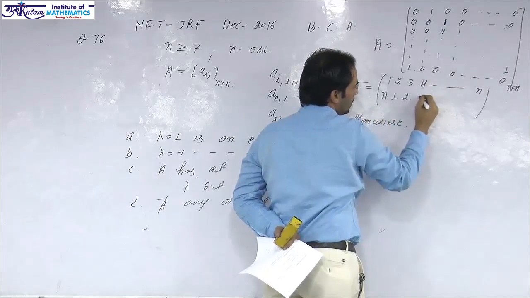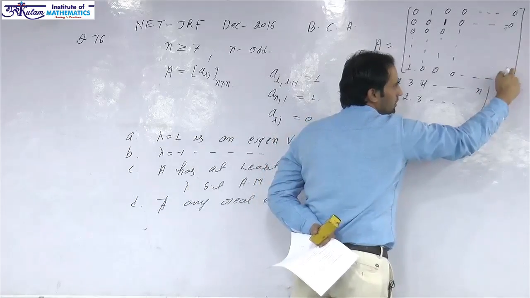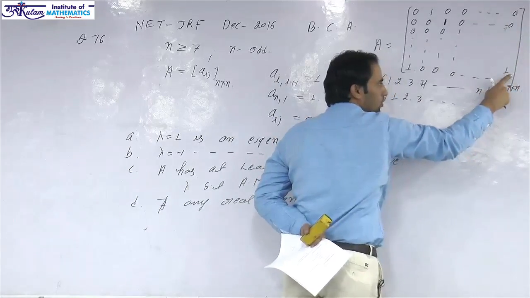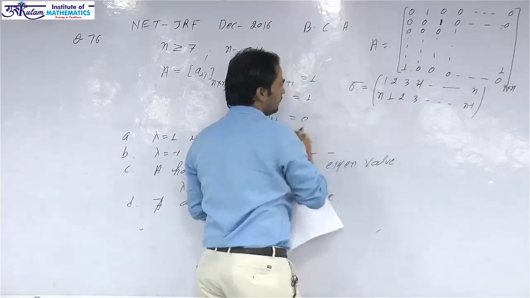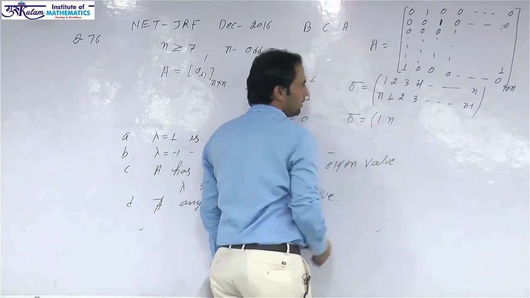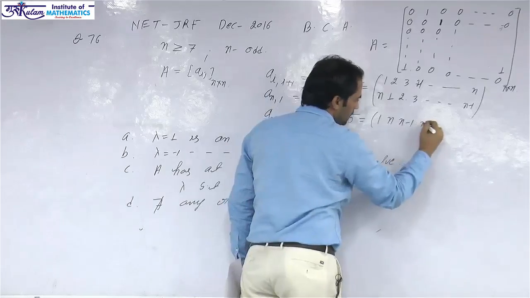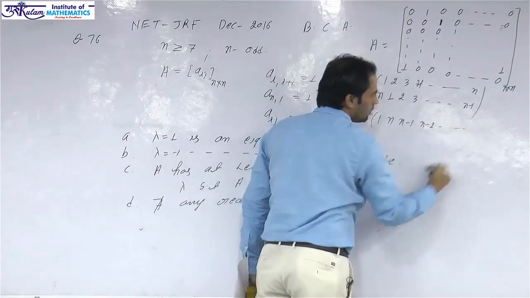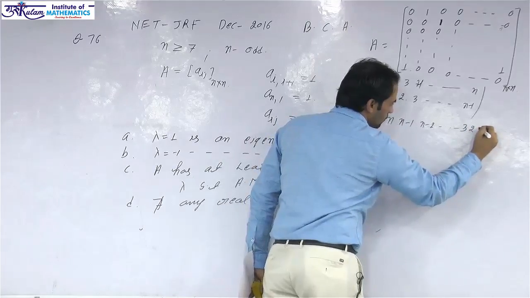Similarly, the image of 4 is 3 and so on. The image of n is n minus 1. Your sigma is: the image of 1 is n, the image of n is n minus 1, the image of n minus 1 is n minus 2 and so on, the image of 3 is 2, the image of 2 is 1.